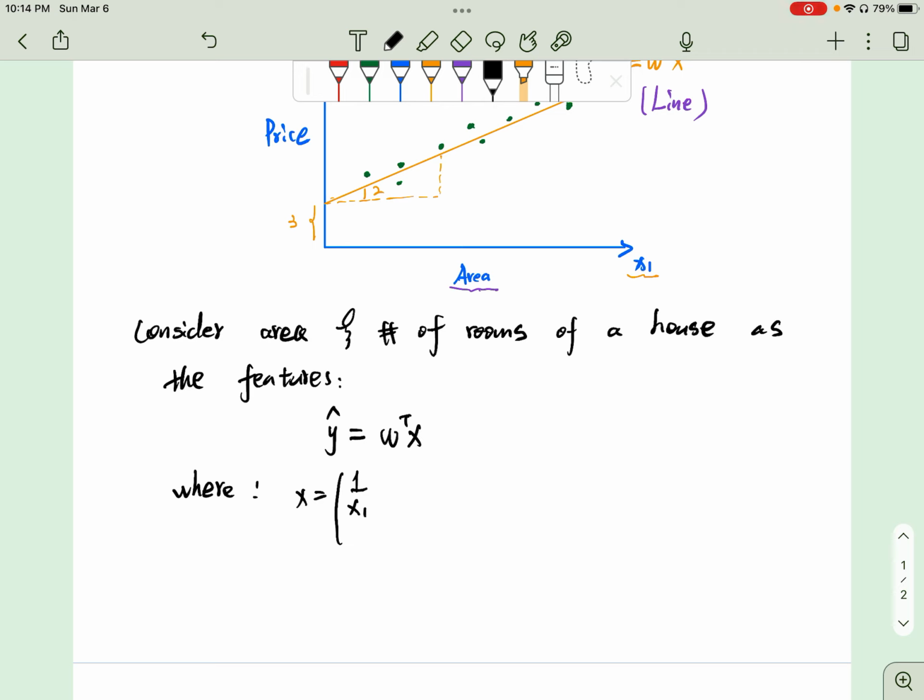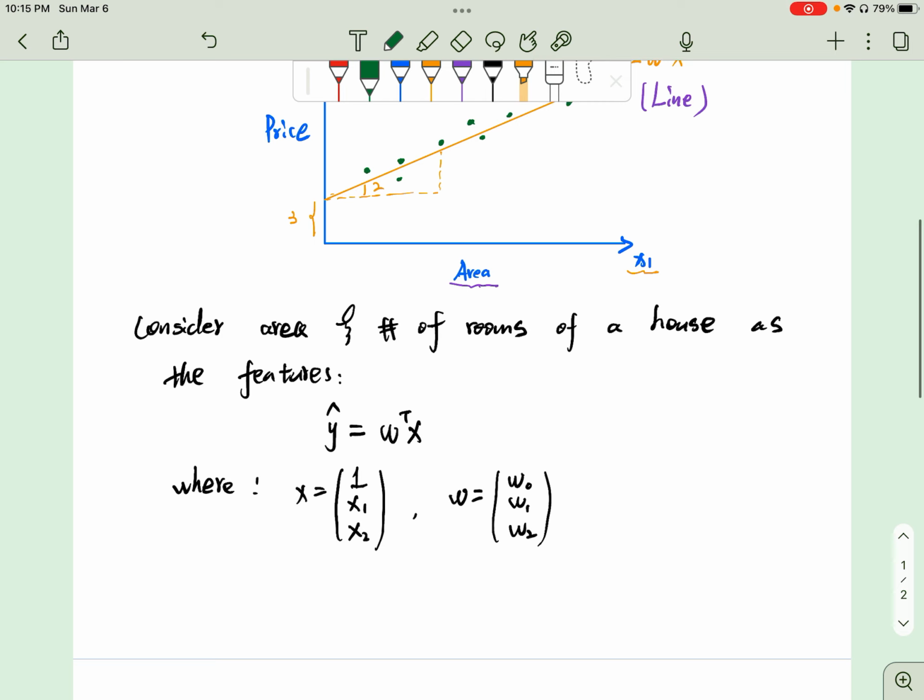So we have x1 and x2. x1 is the feature of the area, and x2 is the number of rooms. Omega equals omega 0, omega 1, omega 2. I start omega from 0 so that omega 1 will be multiplied with x1. This is just for convenience.